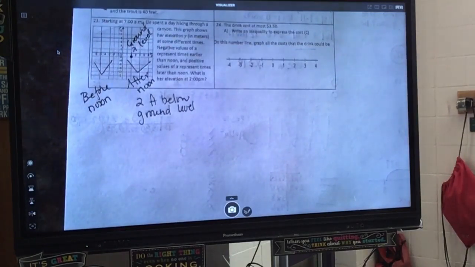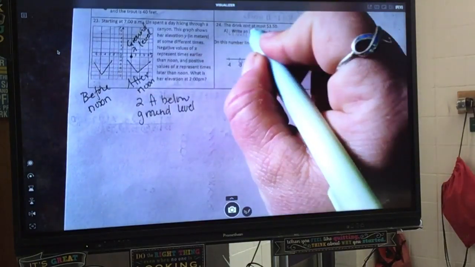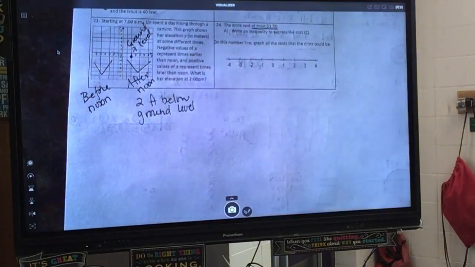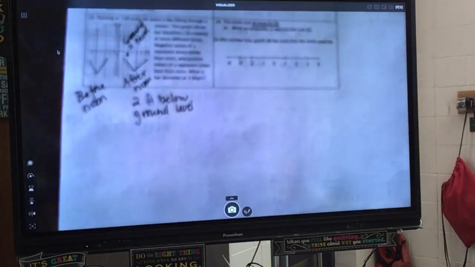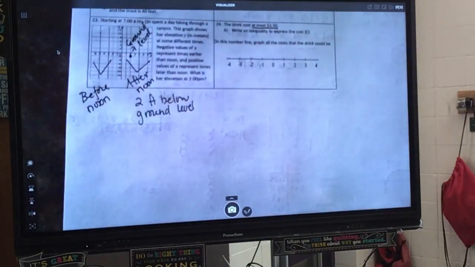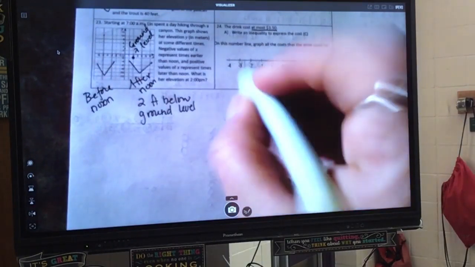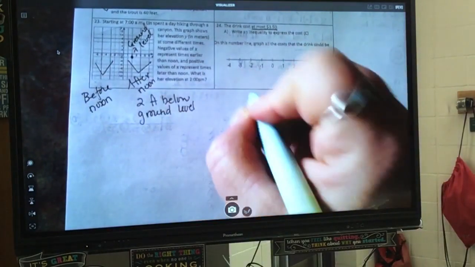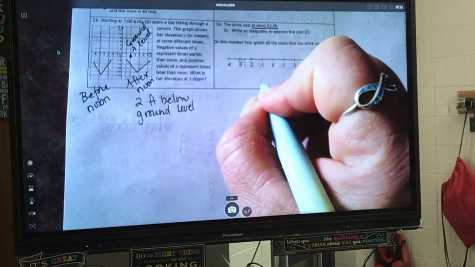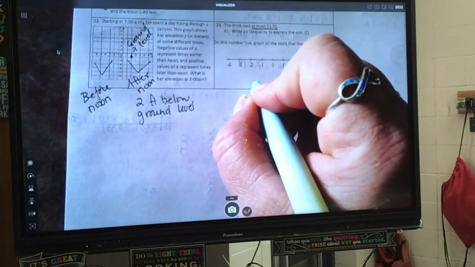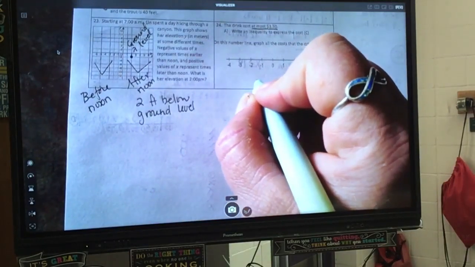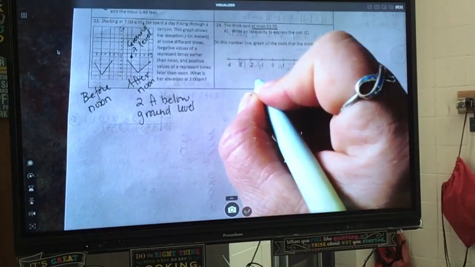The drink cost at most $3.50. Write an inequality to express the cost. Bless you. Thank you. So what is our inequality going to look like? Troy? 3.50 is greater or equal to. Because it's at most.